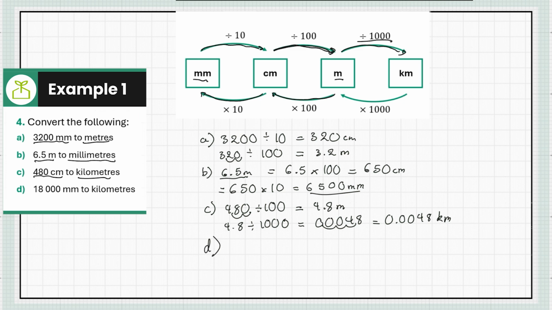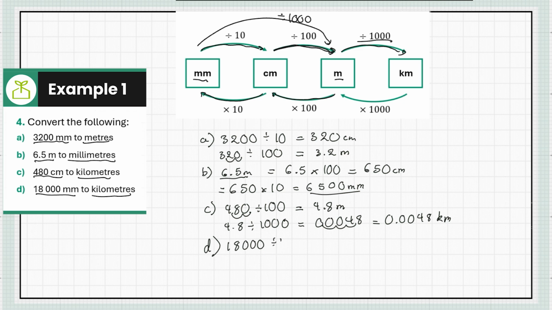Alright, let's do D. Now for D, we have 18,000 millimeters and we want to change this to kilometers. So we're going to start out with our 18,000, and instead of making our move from millimeters to centimeters, we're going to go straight from millimeters all the way to meters by dividing by 1,000.